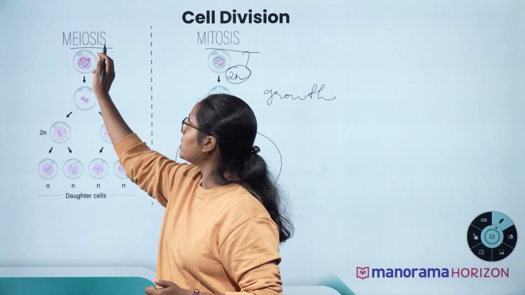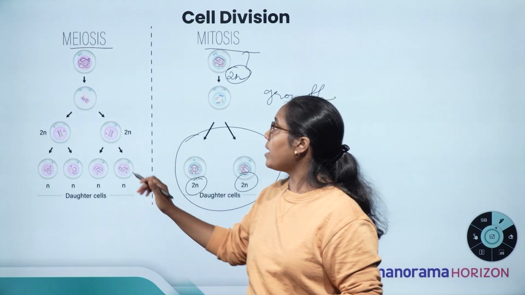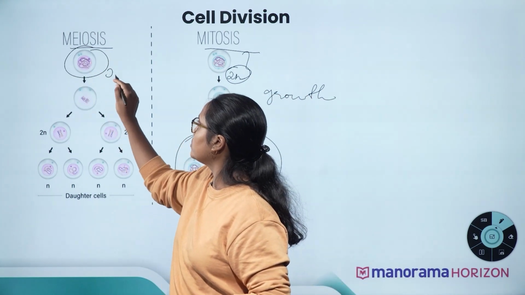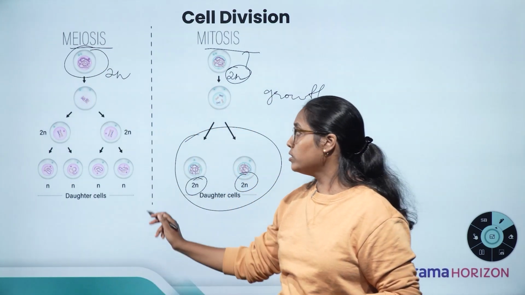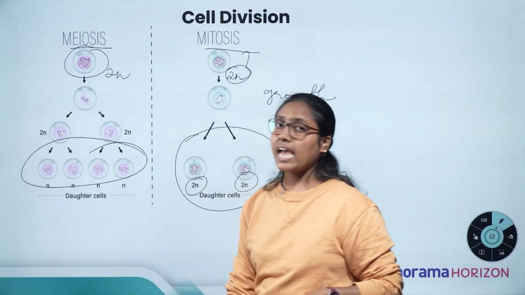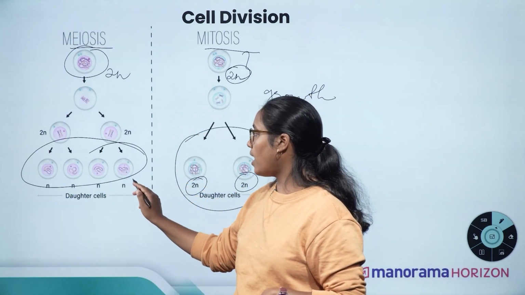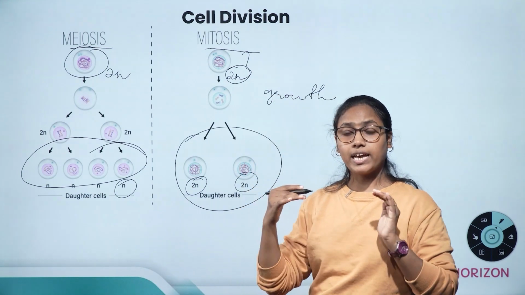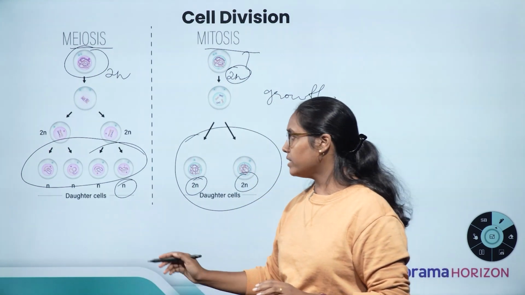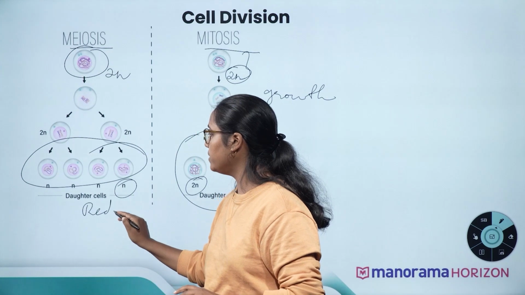Then there is another division, that is meiosis. Here one 2n parent cell produces 4 daughter cells, and these daughter cells are haploid, meaning the chromosome number has reduced. This division is a reductional division.